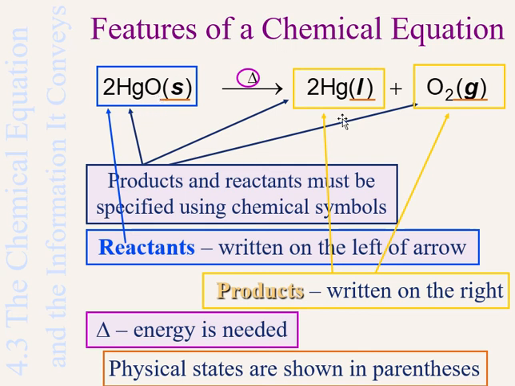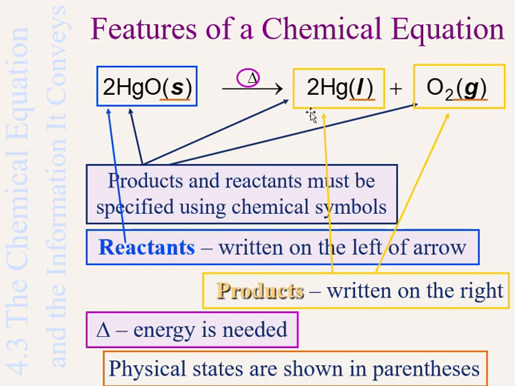On the right side I must have 2 mercury atoms as well, otherwise I'm not balancing the equation. I'm losing 1 mercury, and that is not allowed by a particular law that I will mention later, which tells us that you don't just poof things out of existence or poof things into existence.